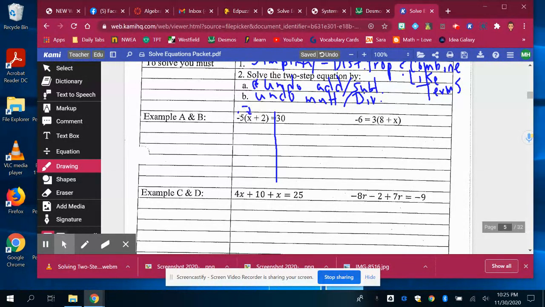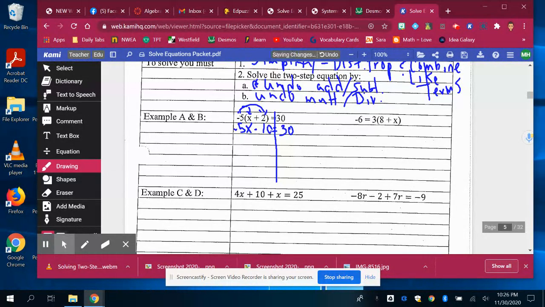We're going to distribute that -5 to everything in those parentheses, and that's how you get rid of those parentheses. And remember, when you distribute, you are multiplying. So I'm going to multiply -5 times x, and -5 times 2 gives me -10, equals 30. So now notice you have a two-step equation.